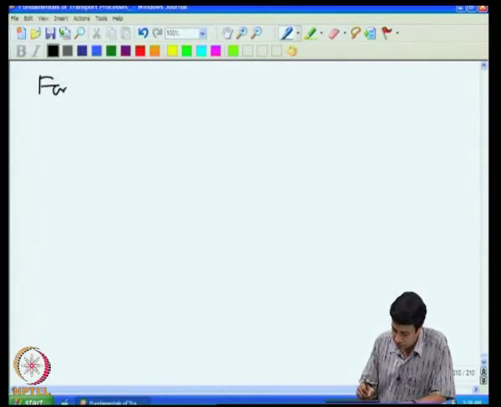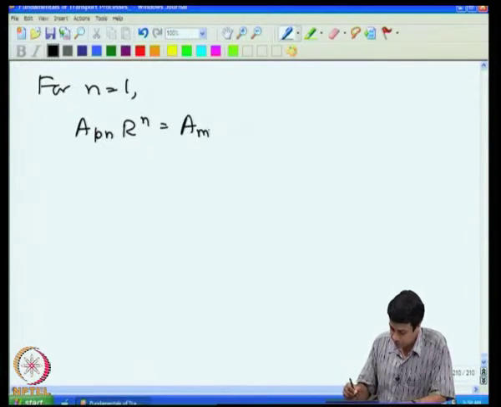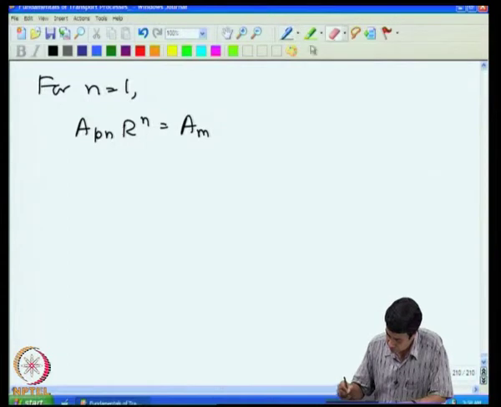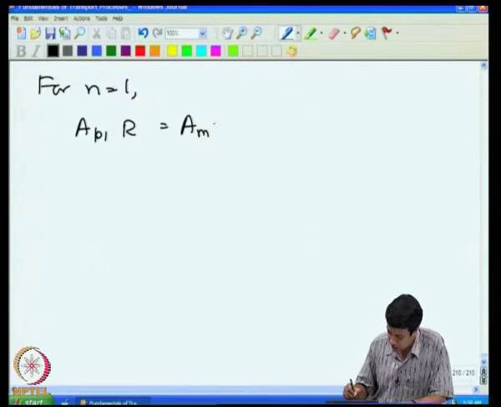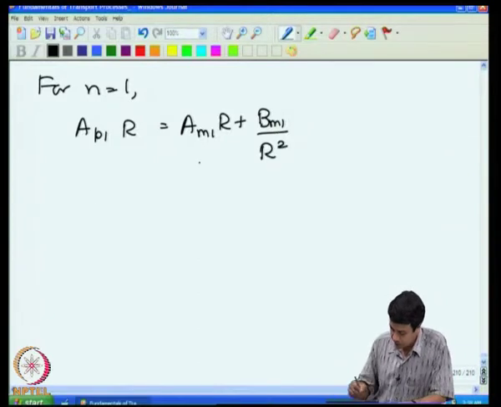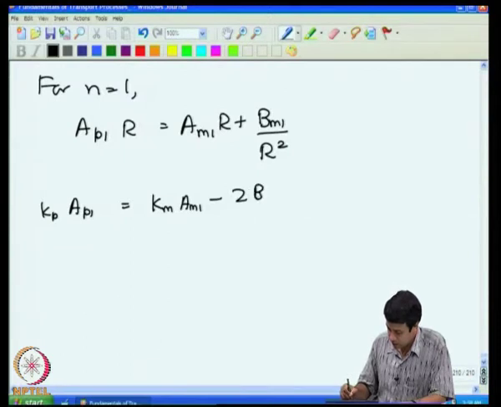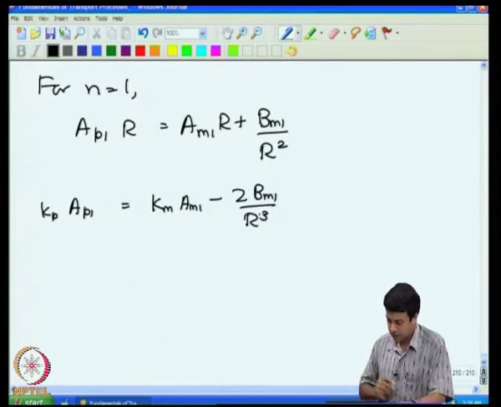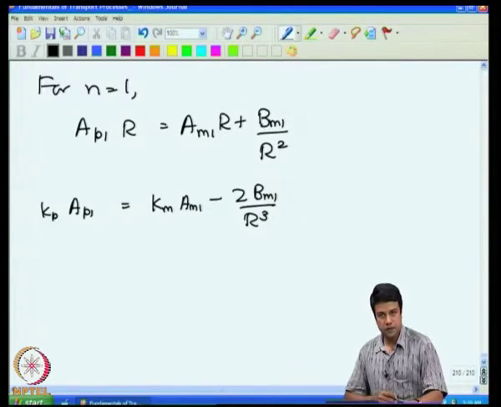For n equal to 1, A_p1 r is equal to A_m1 r plus B_m1 by r squared, and Kp A_p1 is equal to Km (A_m1 minus 2 B_m1 by r cubed). So, these are the coefficients for n equal to 1.